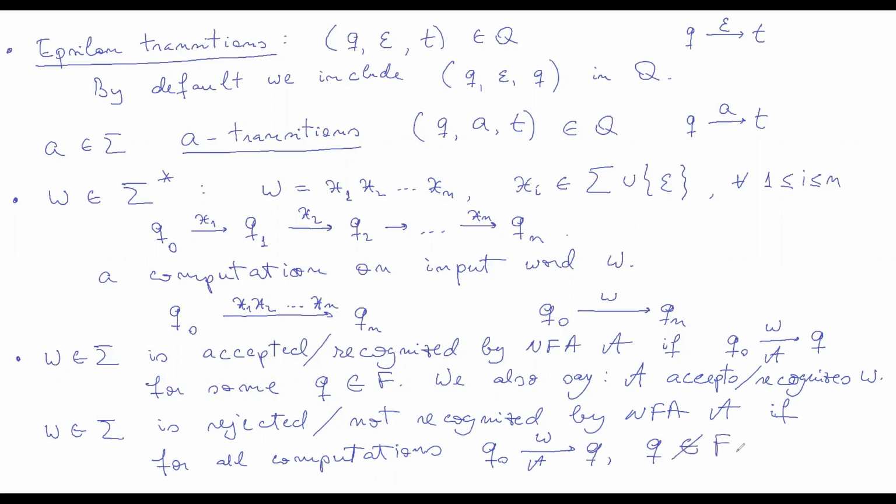So all the computations end up in a non-final state. This is the keyword here: accepted or recognized, and in this case it is called rejected or not recognized. And we also say about the automaton A that it accepts or recognizes, and in this case we say that A rejects W or doesn't recognize W.